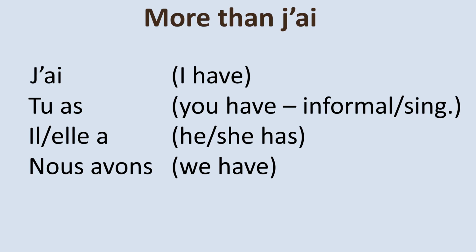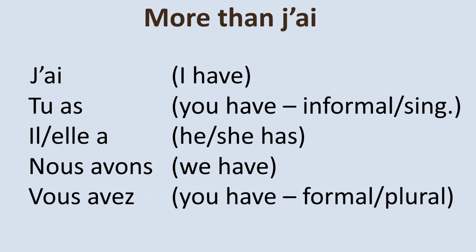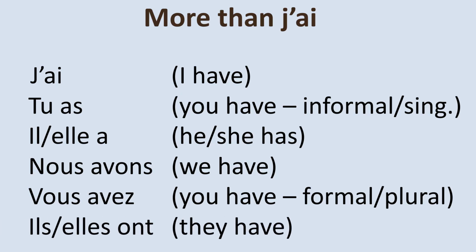So j'ai, tu as, il or elle a, nous avons. Then we're going to have the you formal or the you plural, which is vous avez. And here again, liaison. Vous avez. And to finish off, we're going to have they, which is ils or elles with an S.